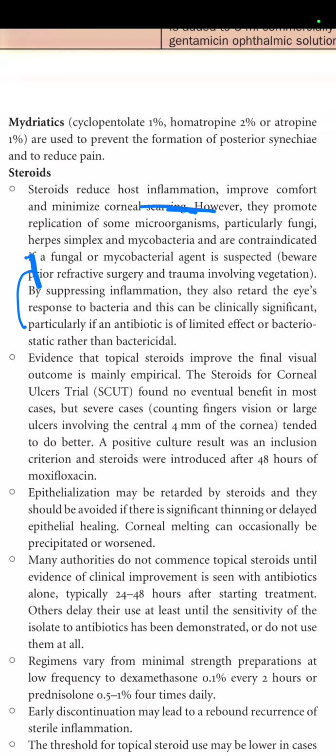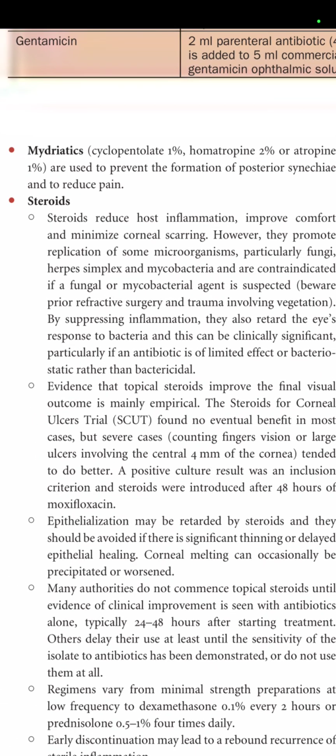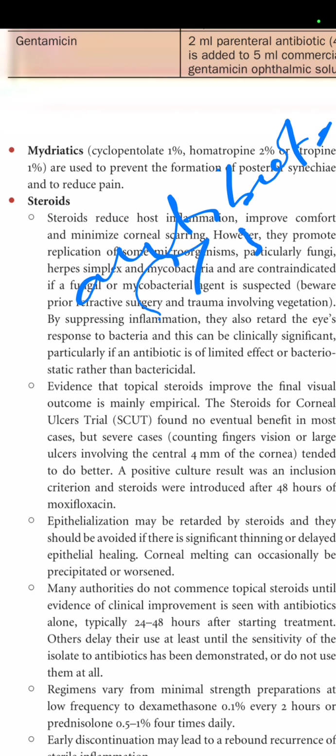By suppressing inflammation, they also retard the eye's response to bacteria, and this can be clinically significant, particularly if an antibiotic is of limited effect or bacteriostatic rather than bactericidal. So if an antibiotic is having a very limited effect, we tend not to give the steroid, because it will just replicate the organism and cause worsening of the disease.